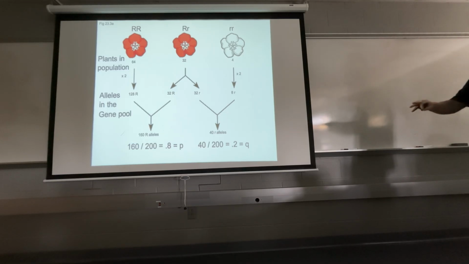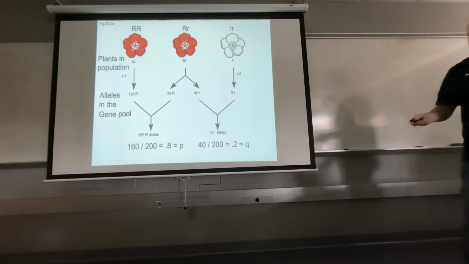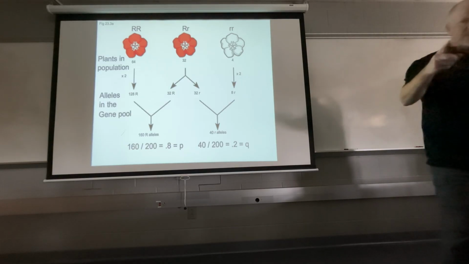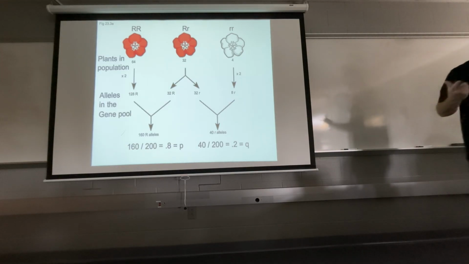If there's no evolution, they should be the same, right? Does that make sense? Because nothing changed. If these allele frequencies don't change from one generation to the next, then evolution's not happening, because I'm not changing genotypic or phenotypic variation. So I could predict what the next generation will look like.